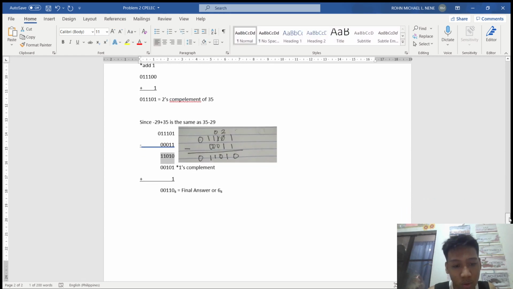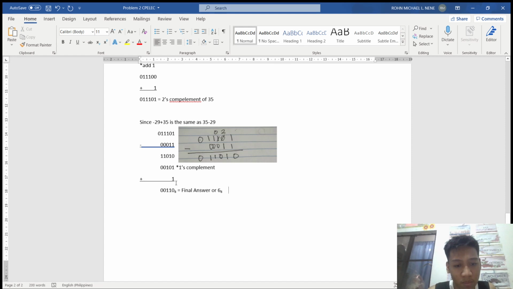Then, to complete the process, we will be doing 1's complement. And this is the resulting value, which is 00101. After that, we will be adding 1 to complete the process for 2's complement.